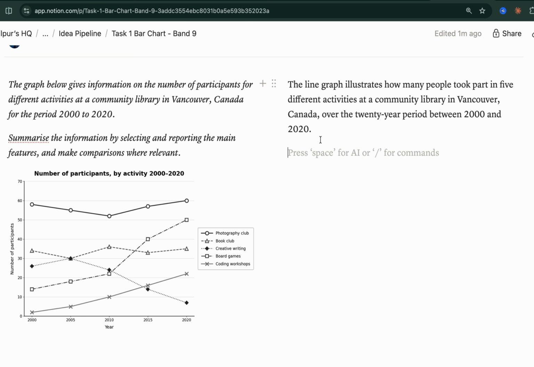You don't have to mention any of these numbers or percentages or whatever is given in the graph, because the sole purpose of the overall statement is to help the examiner understand what is generally happening in the question, in the time frame that the question provides. So you avoid writing the numbers and you only focus on the general trends. You need to talk about these 20 years and whatever is happening over this period, not only a particular part of that period.